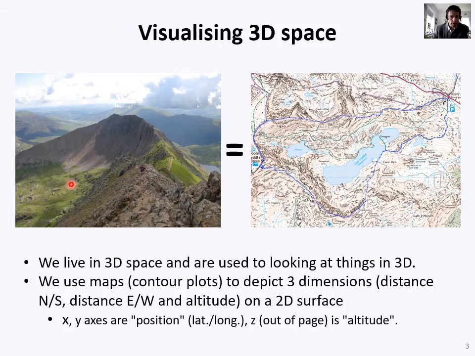Then if we put ourselves on here, we can plot our position in terms of latitude and longitude. Again, we can use 2-dimensional diagrams, albeit special ones because they have contours on them that give us an idea of a 3rd dimension. So they give us a position in latitude and longitude, and if we follow the contours we can get a rough idea of our altitude as well.